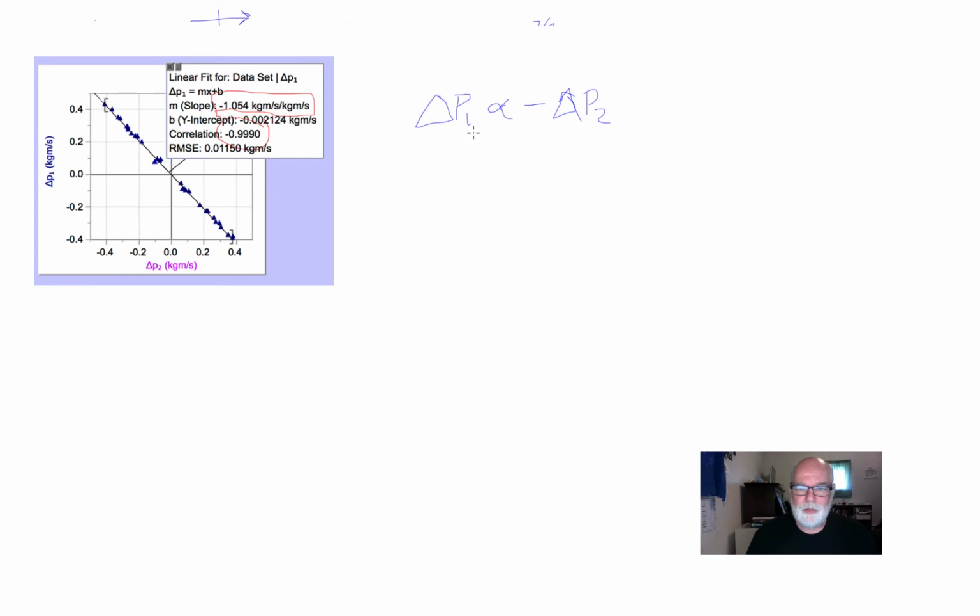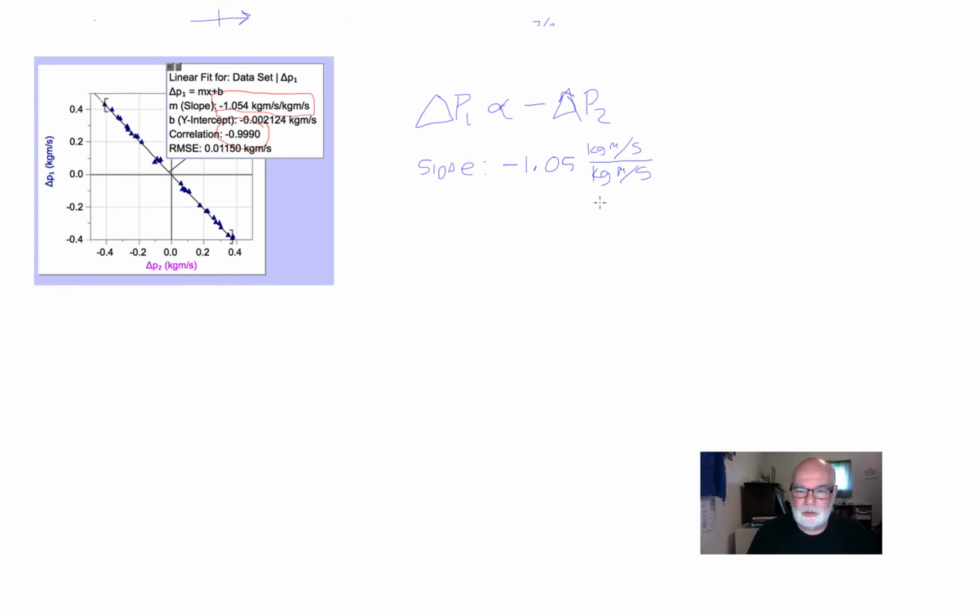So if we have this kind of proportionality, and then we know that the slope is given as about -1.05. And look at the units. Kilogram meters per second divided by kilogram meters per second.